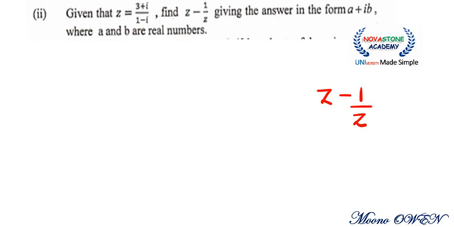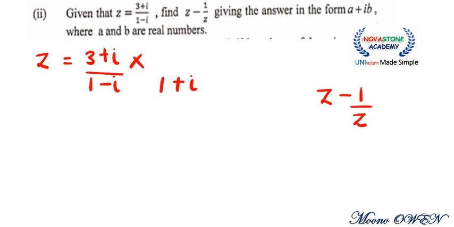We've been given that z is equal to 3 plus i over 1 minus i. Now I'm going to multiply by the conjugate of the denominator. In this case the conjugate is the opposite, which will be 1 plus i. So I'm going to multiply this on both sides.